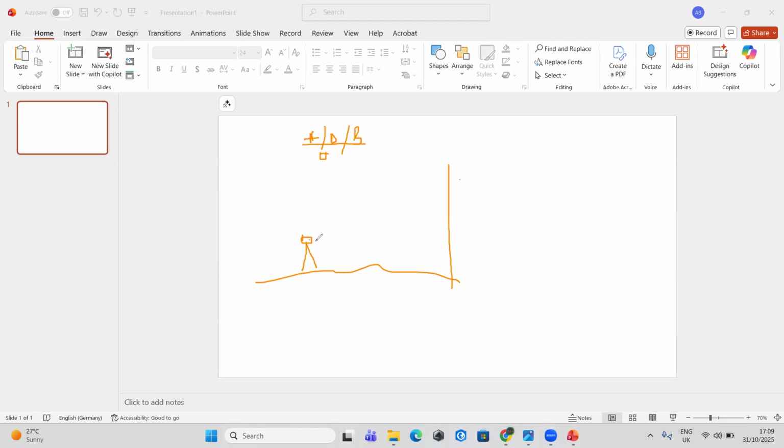What it does is it sends a beam of light. This light goes straight and doesn't go in any other direction. It reflects back in this direction only. You know the speed of light, and you know the time it took from here to here and to come back.